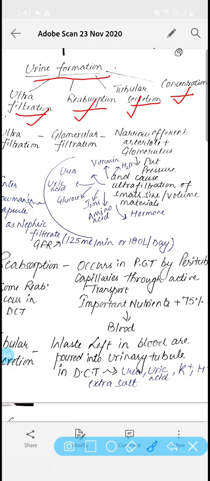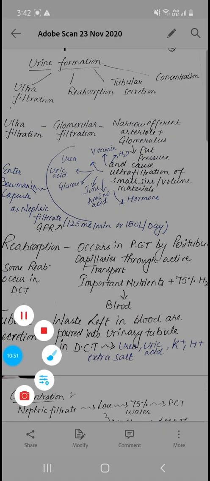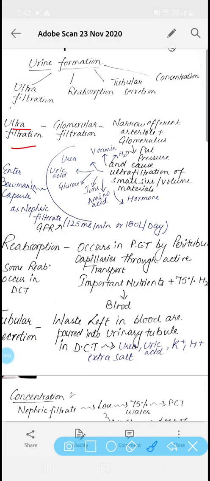If we start with ultrafiltration, why is it called ultrafiltration? Ultra means very fine. Here the filtration becomes very fine under pressure. How that pressure is generated, we will study.